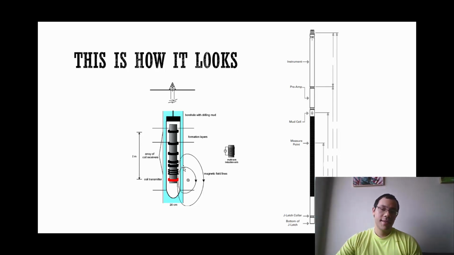So we might say that this represents the properties of the flush zone and the transition zone, and this represents the properties of the inundated zone. But yeah, this is how it looks in general.